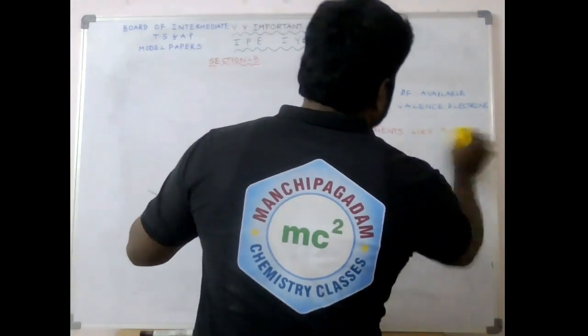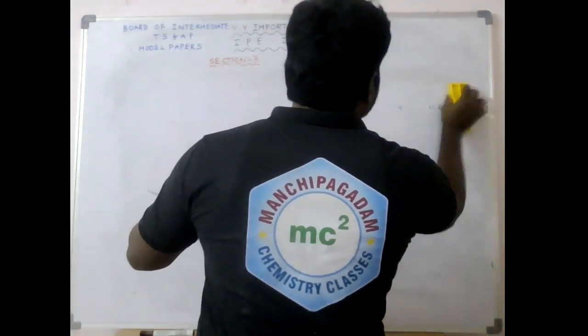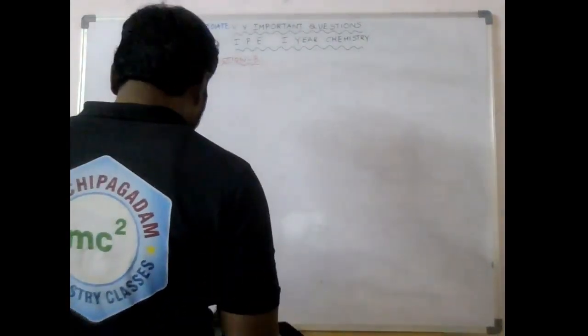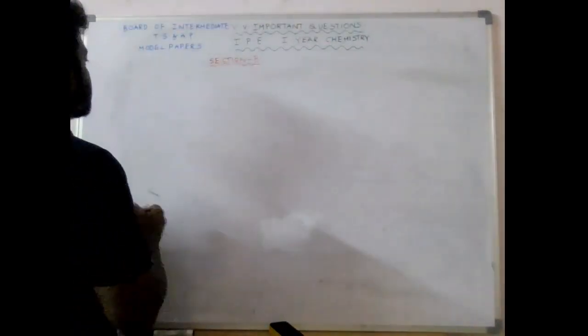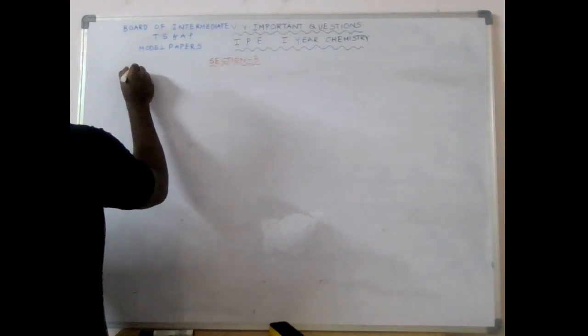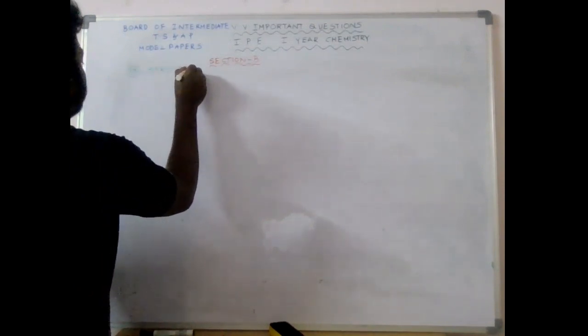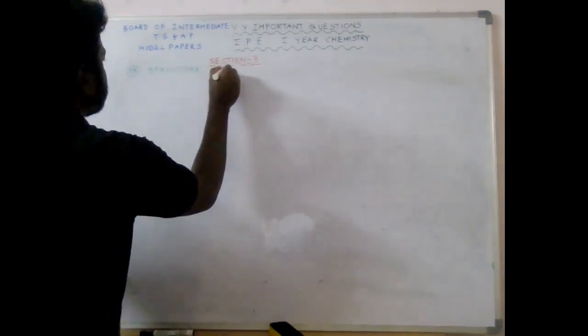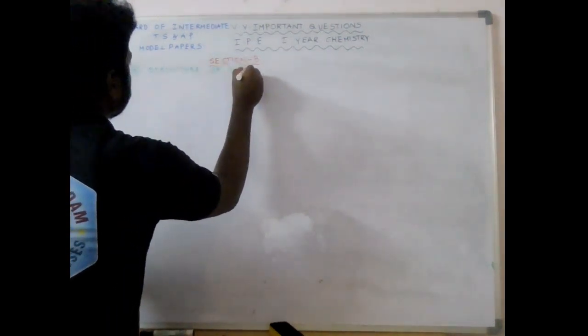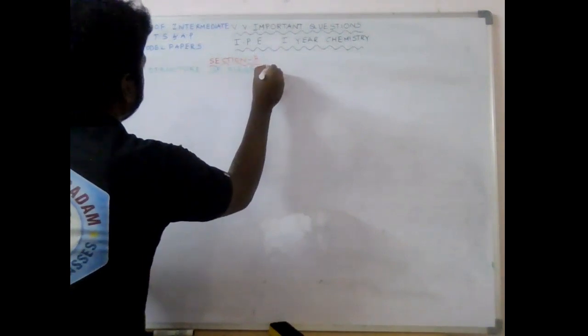Now this question, structure of diborane, has come from P block elements, 13th group. The structure of diborane is very, very important. We'll try to discuss it in a simple way.